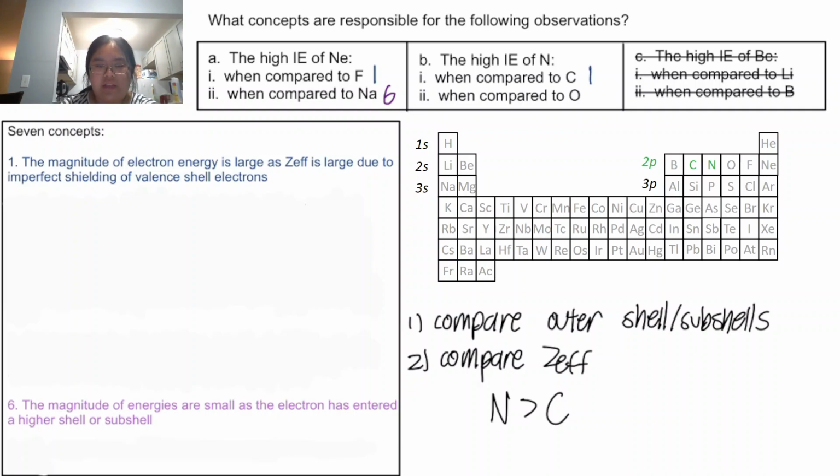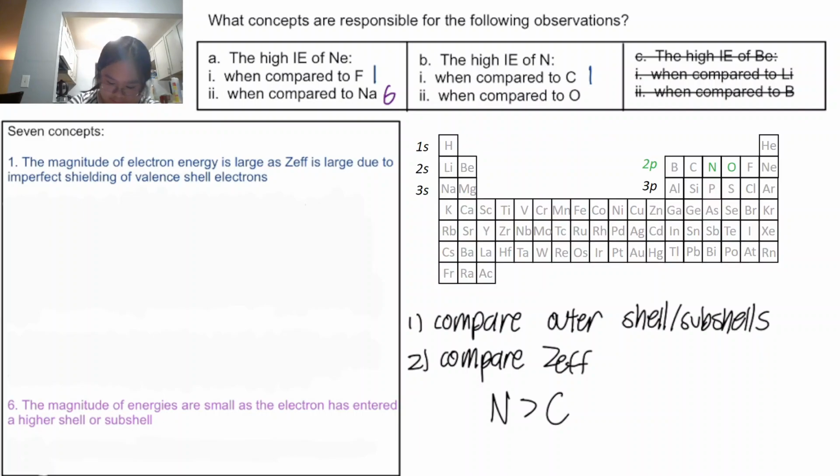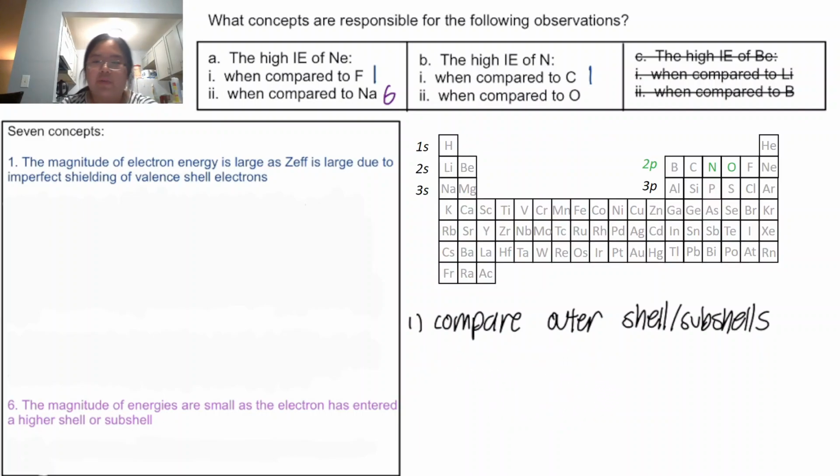So now let's do the next part, where we compare nitrogen and oxygen. Once again, the first thing we do is compare the outer shell or subshell, and we can see that nitrogen and oxygen both have an outer 2p subshell. So now we have to do our second comparison.